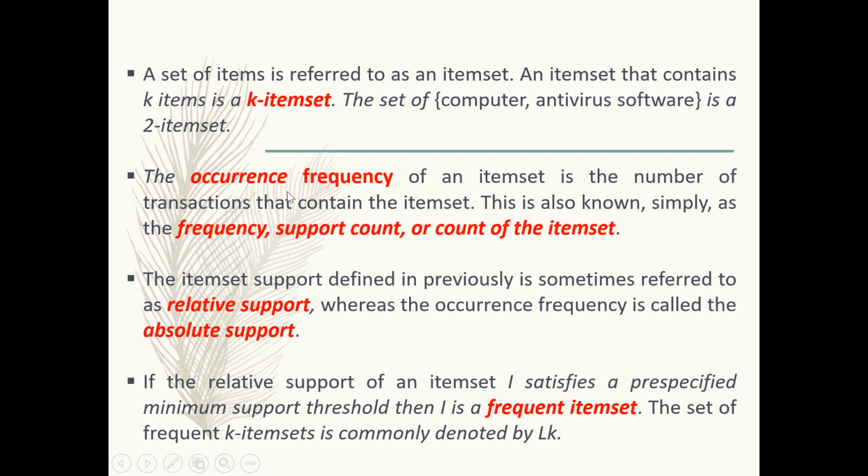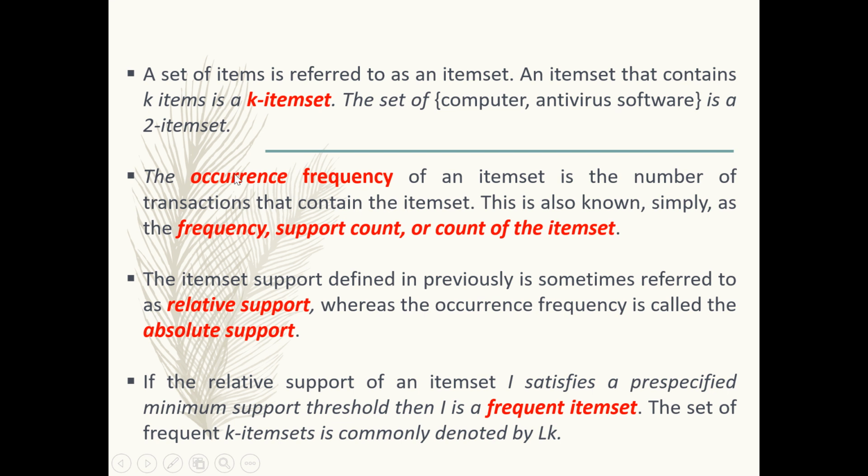Now the next term, a very important term, is occurrence frequency. With every item set, there is a value called the occurrence frequency, which is the number of transactions that contain the item set. How many times that combination of items has occurred gives the frequency of that item set.